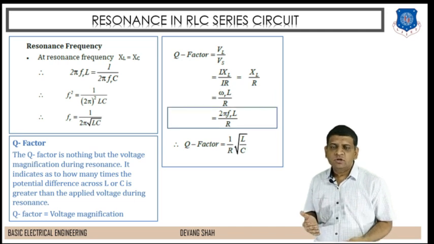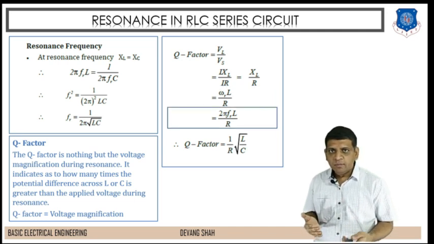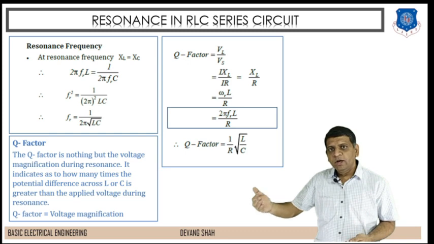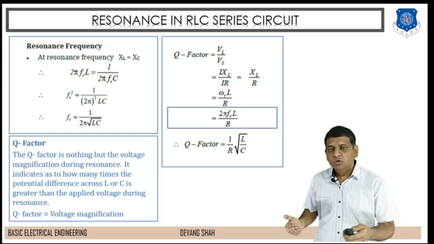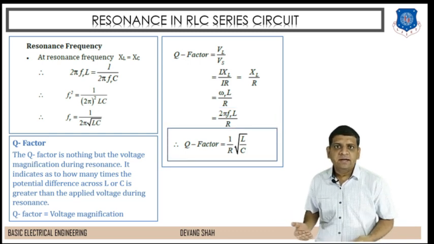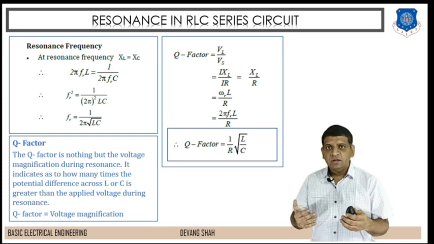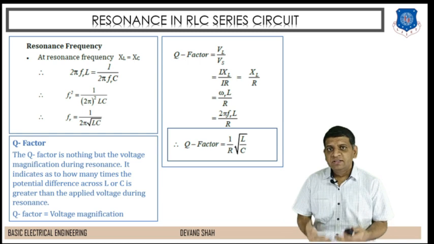If you put the value of Fr is equal to 1 by 2 pi under root L and C, you can find the Q factor, that is equal to 1 by R under root L and C.